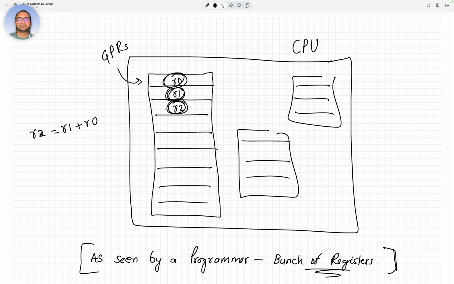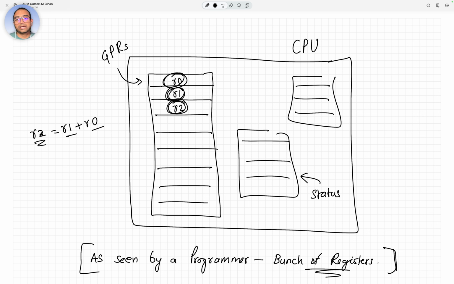But this is all registers. So you load R0 with some value, R1 with some value, and then issue an instruction saying, hey, add the numbers that are in R1 and R0 and put the answer in R2. So the CPU's state, the information about what the CPU is doing and how to influence it, is all controlled and guided by registers. So there are GPRs. Then there are some registers for status.